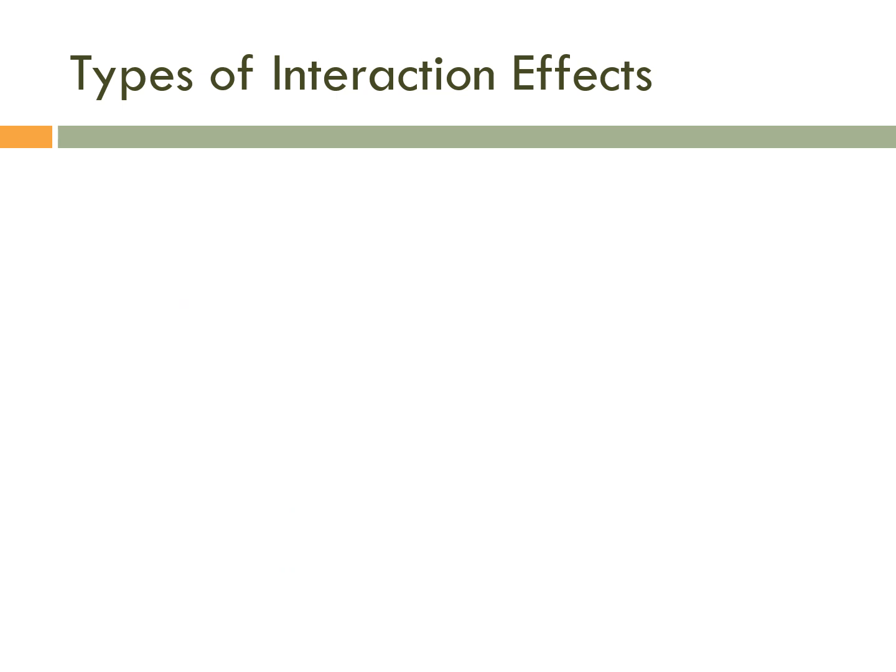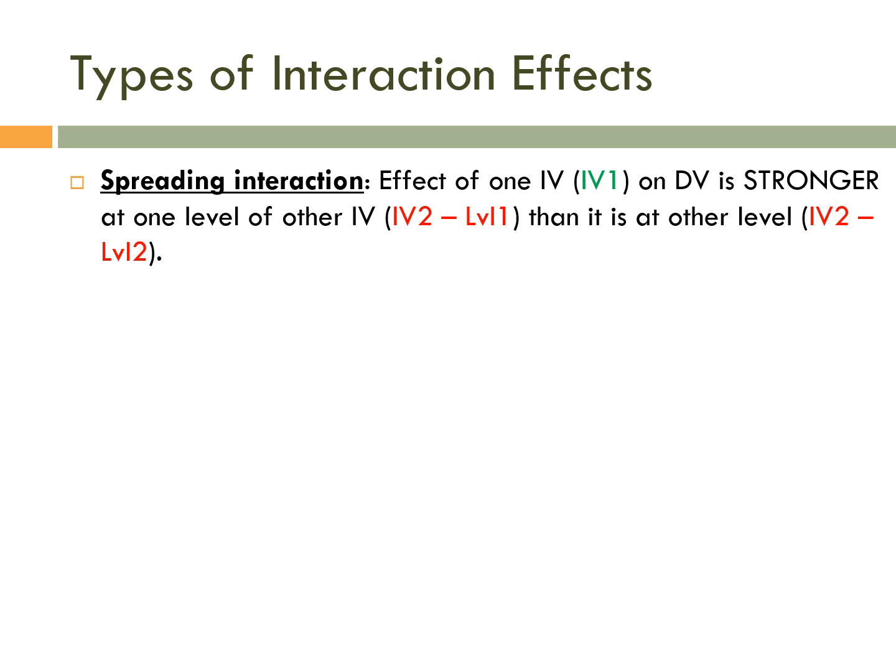Another version of an interaction is what's known as a spreading effect. This is where the effect of one independent variable on the dependent variable is stronger at one level of the other IV than it is at the other level of the second independent variable. So it's just saying that there is always an effect of the first IV on the DV.